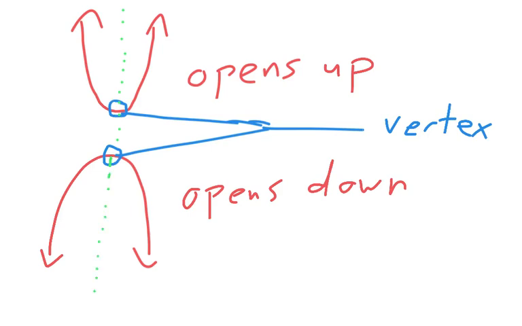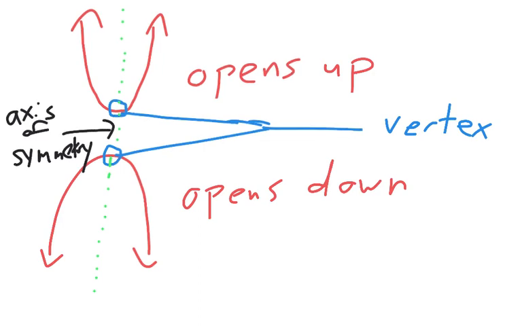This line that cuts right down the middle is called the axis of symmetry. It's just like what you think of as a line of symmetry, but it's an axis, like your x and y axis. It's a line that cuts right down the middle of the parabola, cutting it into 2 equal pieces.